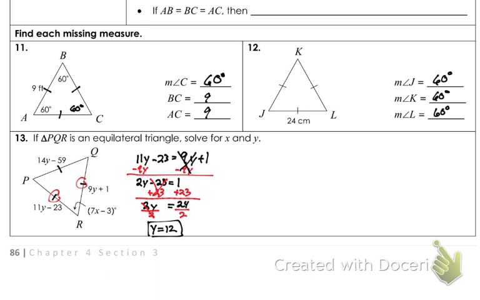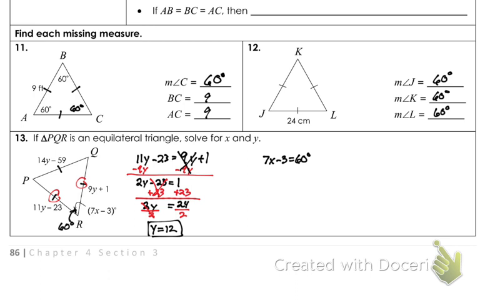They're all 60 degrees. Which must mean that 7x minus 3, because it's occupying the same space as 60, must equal 60 degrees. So we're going to have 7x minus 3 equals that 60 degrees.